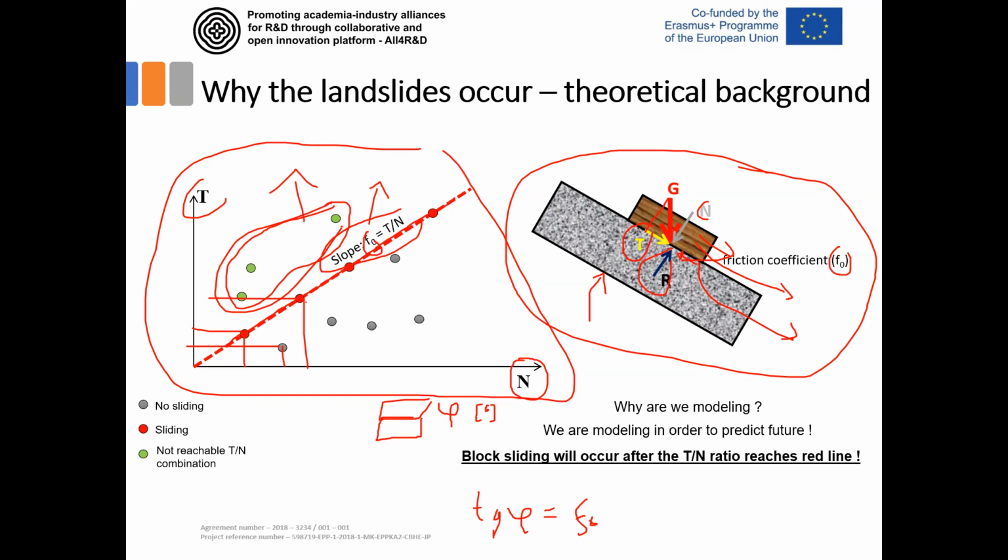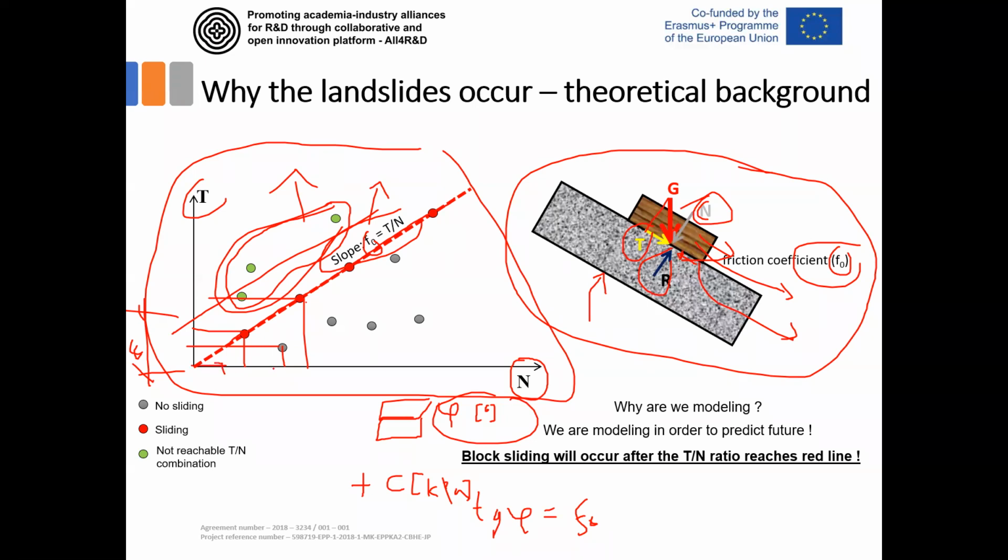A really similar condition occurs in the soil, but we don't have a friction coefficient. We have the internal friction angle, plus an additional parameter, the cohesion value. The cohesion value has the unit of stress, and it defines the resistance to sliding without a normal component.